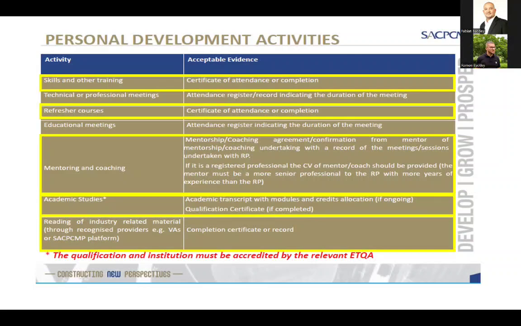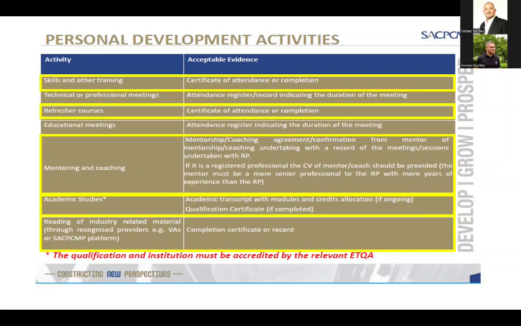Skills and other training is skills development and other training, meaning, for example, if you've attended training to do with supervisory management and supervisory leadership skills, that is going to fall under skills and other training.